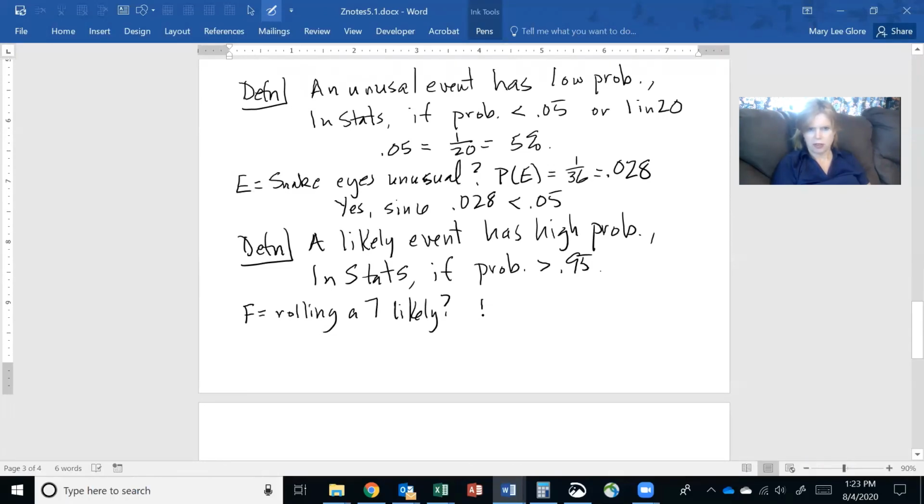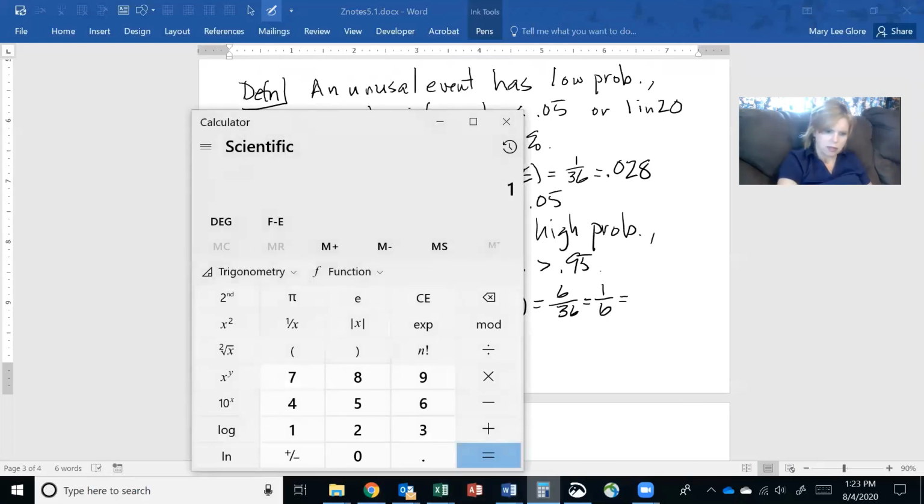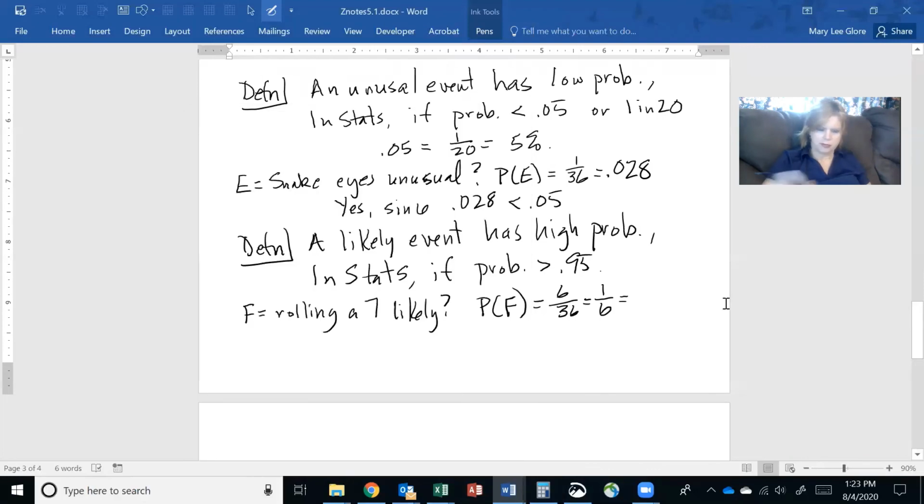Well, let's find out. The probability of rolling a 7 is 6/36, or 1/6. So even that's the most likely event. 1/6, go to our calculator, 1 divided by 6 is 0.167.